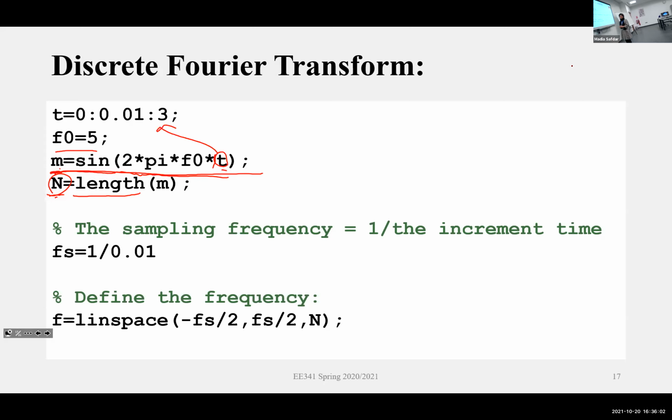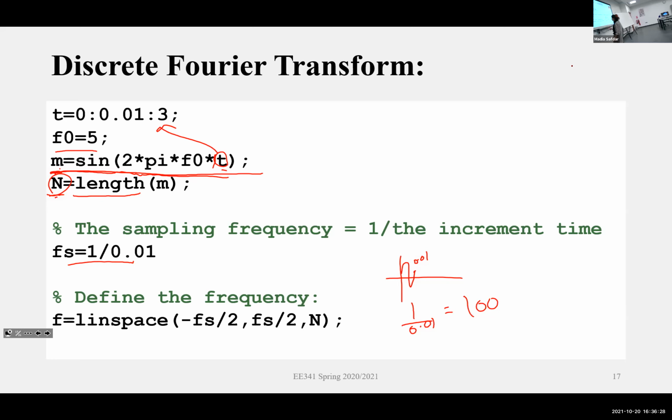You got the point? Then sampling frequency Fs is equal to 1 divided by 0.01. As I explained in the previous class, one sample is completing in 0.01, so the number of samples per second will be 100.